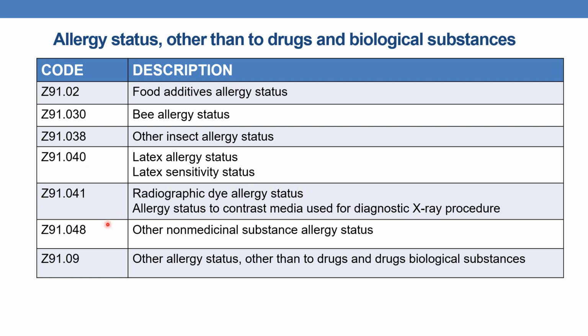The next is Z91.048. It indicates other non-medicinal substance allergy status. And finally, Z91.09 indicates other allergy status other than to drugs and biological substances.